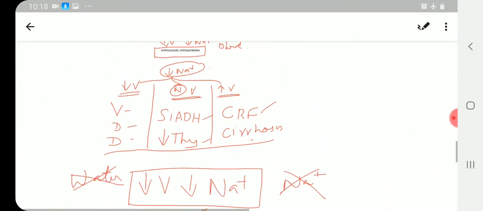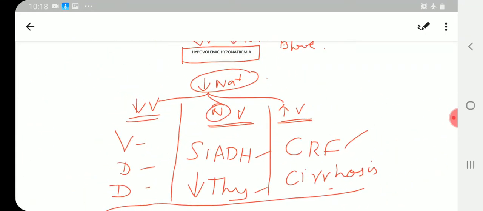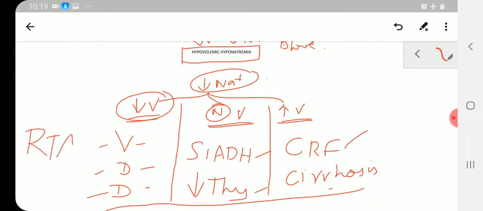I repeat, hypovolemic hyponatremia means vomiting, diarrhea, diuretic excess, along with RTA metabolic alkalosis and salt losing nephritis. If possible, you can remember pancreatitis and burns. If not, that's okay. Bare minimum, you need to remember vomiting, diarrhea, diuretic excess.